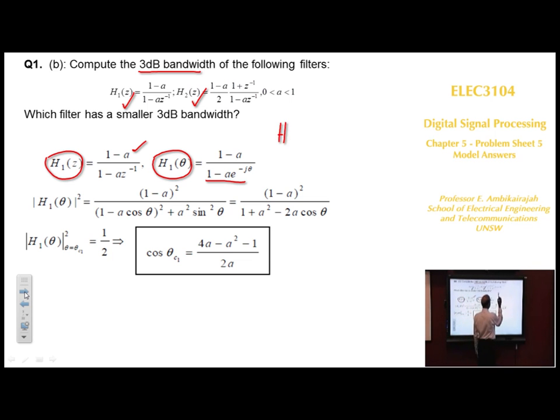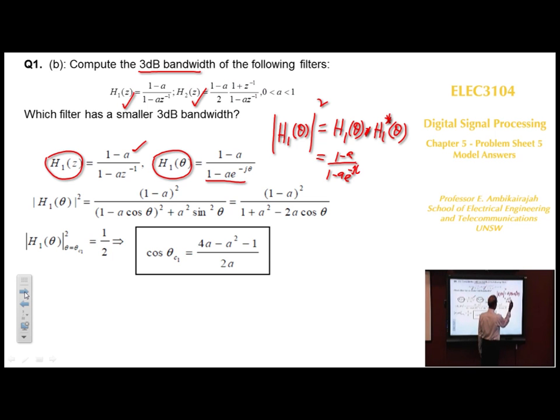You can find the modulus squared of H1(θ) by multiplying H1(θ) by its conjugate.